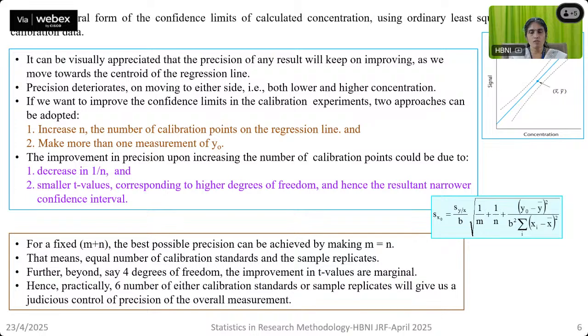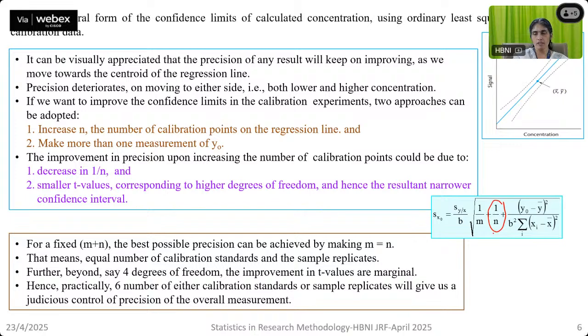In terms of the mathematical relationship, one can easily visualize how increasing the number of calibration data points improves the confidence limits of the calibration function. You can see there is a factor called 1 by n in the confidence interval calculation or the standard deviation calculation. As n increases, 1 by n definitely decreases.